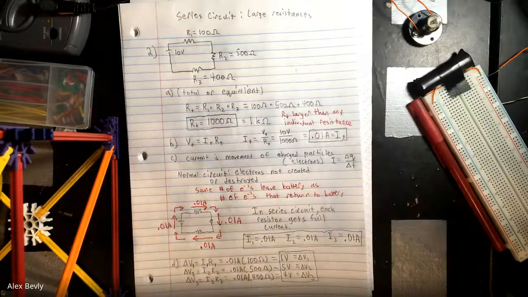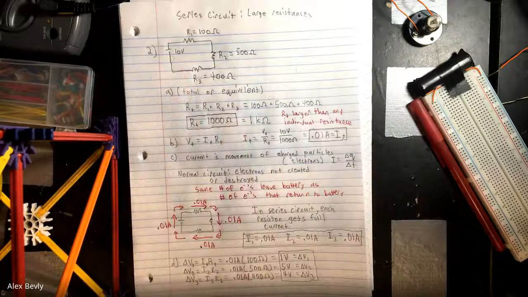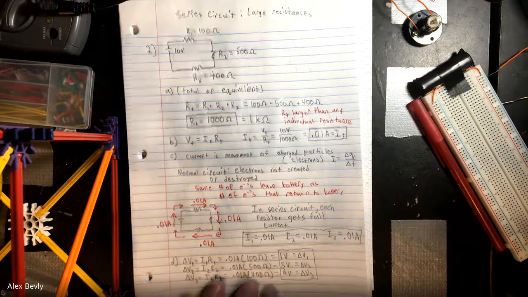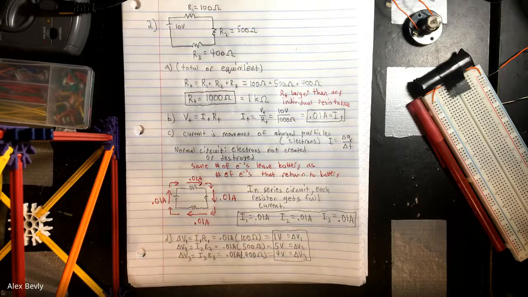Now, I sent out 10 volts. This one only gets 1. This gets 5. This gets 4 volts. So they're not each getting that full voltage, but what's special about 1, 5, and 4 compared to 10?